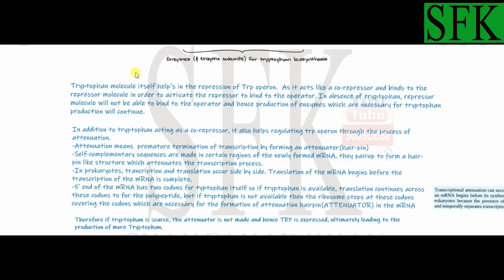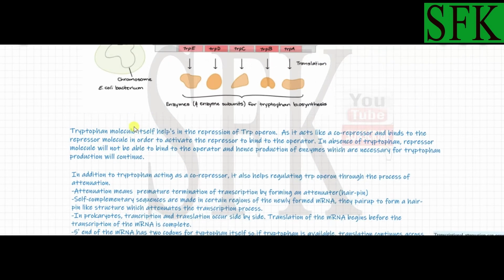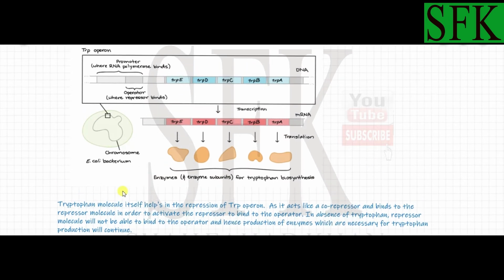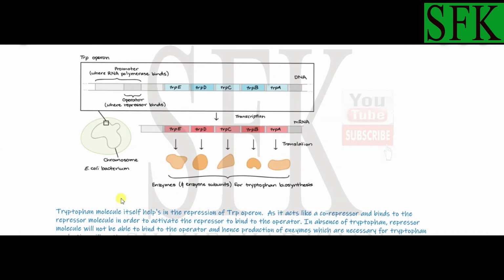This is very important because obviously if tryptophan is present, there is no need to make more tryptophan. There is no need for wasting more energy in synthesizing these enzymes and then producing more tryptophan. These enzymes should only be made if tryptophan is lacking or scarce. So if tryptophan is already present, it will act as a co-repressor and bind to a repressor molecule in the cytoplasm.